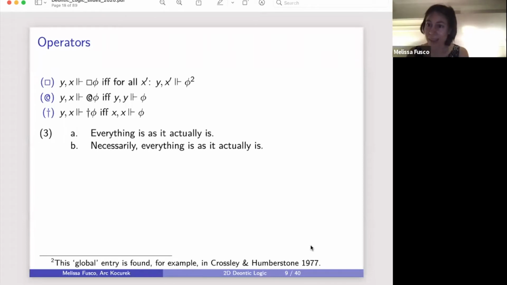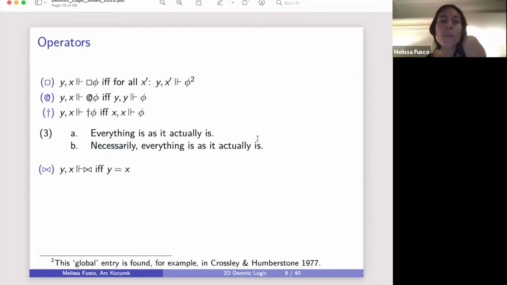I know that everything is as it actually is. But it would be funny to conclude, even though this has something like a tautological status, that I can necessitate it and conclude that necessarily everything is as it actually is, because that would collapse modal space. I don't think it's necessary that everything is the way it actually is. Necessitation looks a bit funny for examples like this.